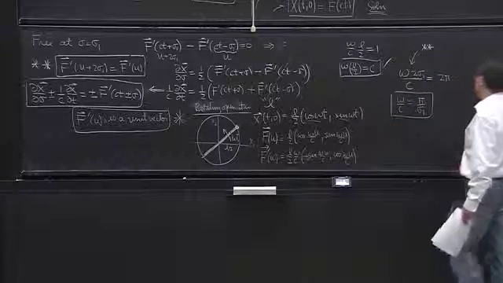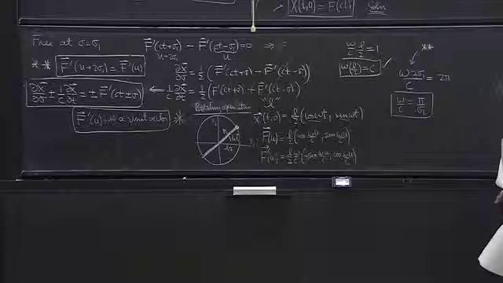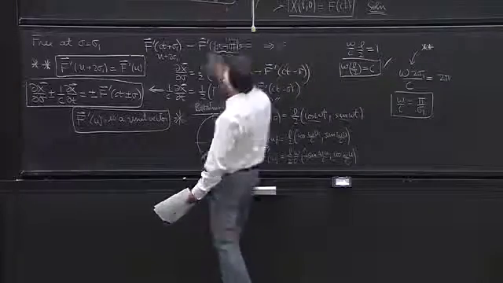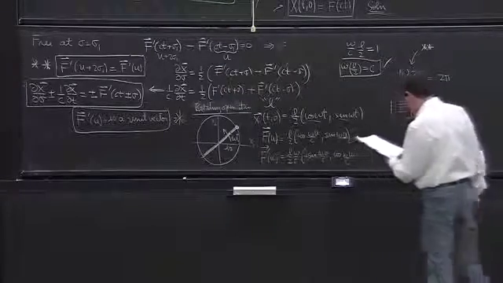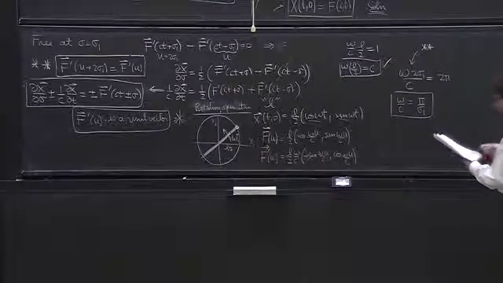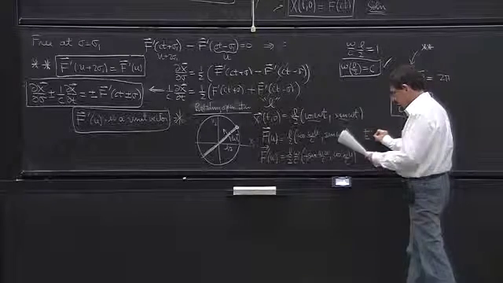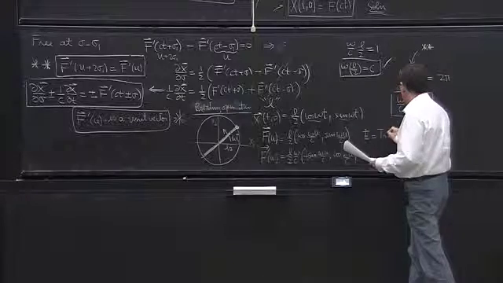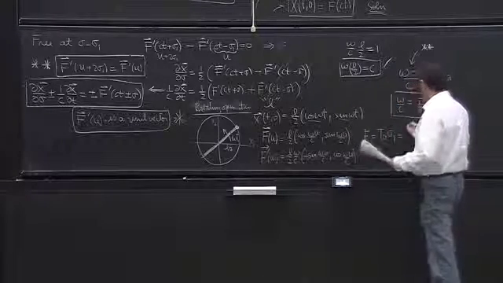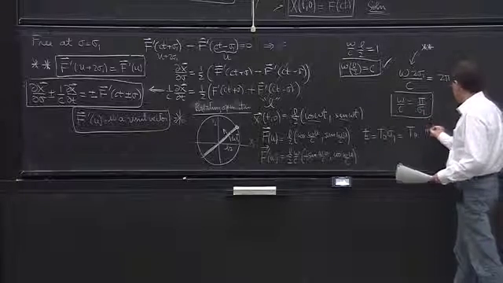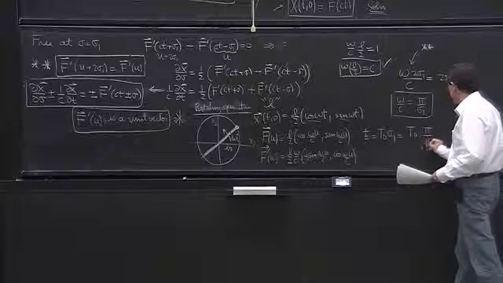Now, why do I care about sigma 1? I care about sigma 1 because this will give me the energy of the string. Remember, the energy of the string is sigma 1 times T naught. So I've determined sigma 1, and I've determined now the energy of the string. In fact, the energy is T naught times sigma 1, which is pi over omega over c.